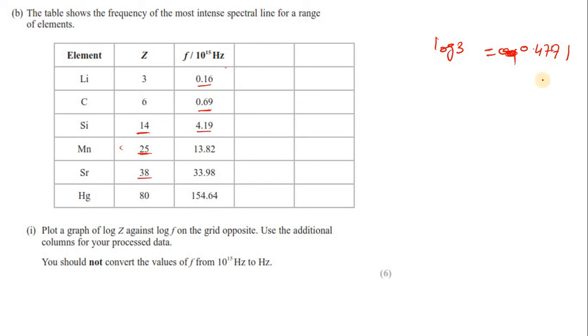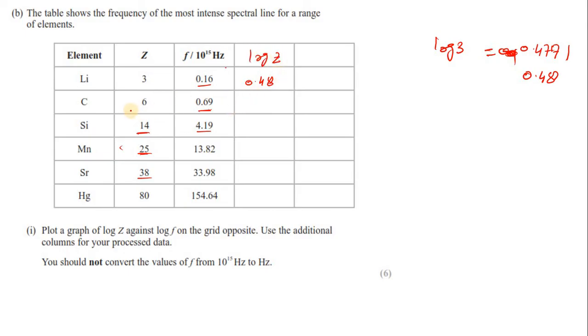It's a good idea. So all numbers will be rounded off to 2 decimal places. So 0.477 will be 0.48. You will write 0.48 here. This is the column log of Z.